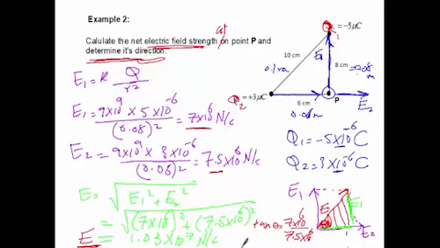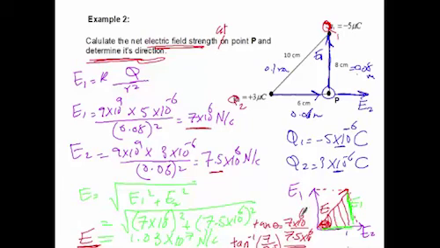The 10 to the 6 cancels with 10 to the 6, so we want theta, not tan theta, so you have to get the tan inverse of 7 over 7.5. This will give you the value for theta.